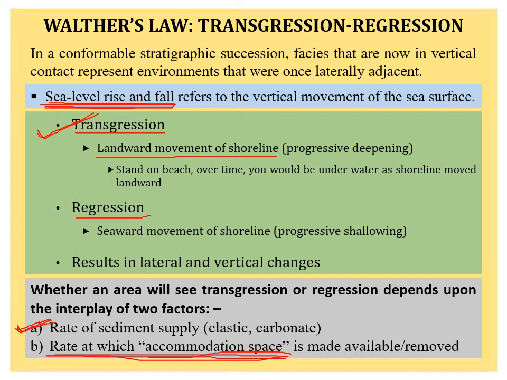So in this local case, there is no global effect, there is no shoreline movement, but the accommodation space is being increased or decreased simply by some tectonic movements in the marine basin, due to some local tectonic effect.